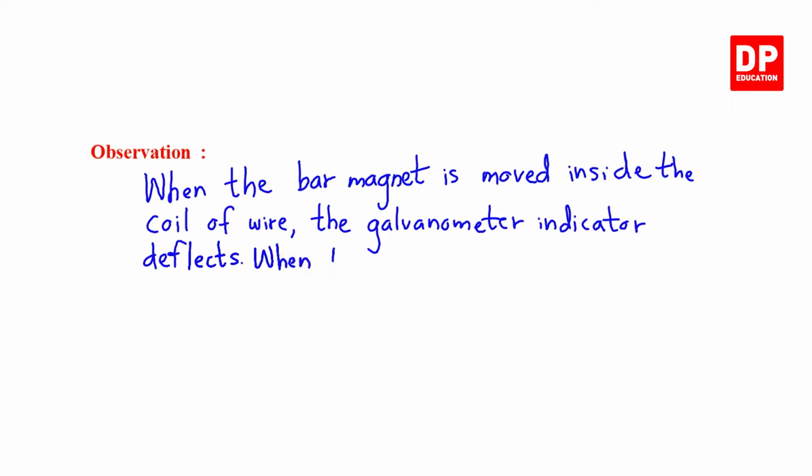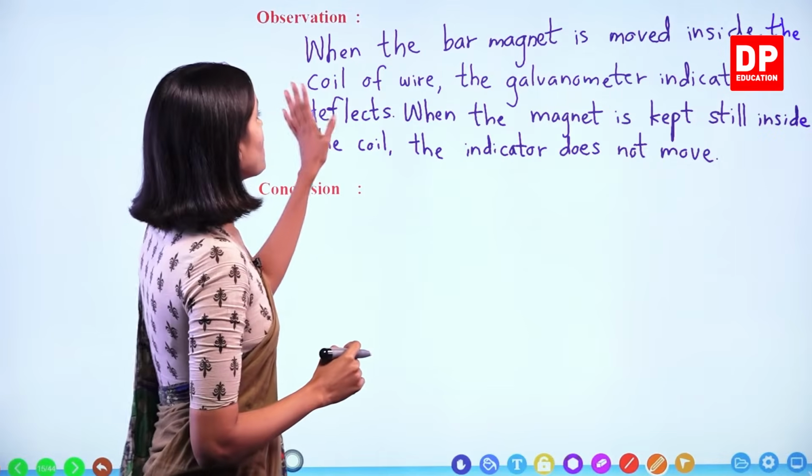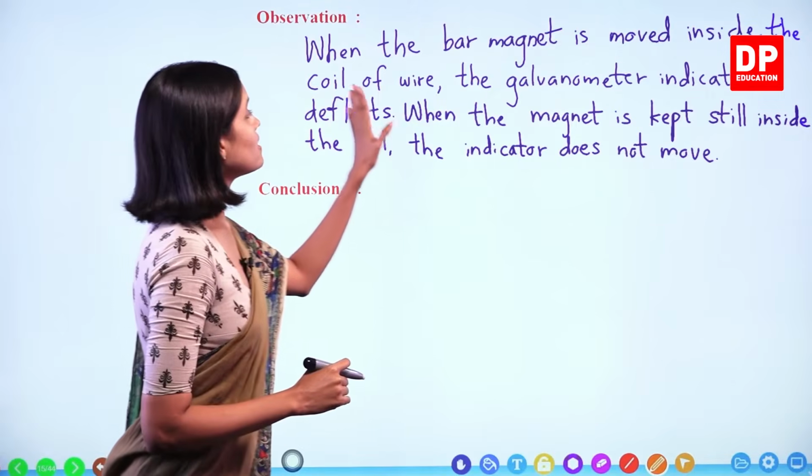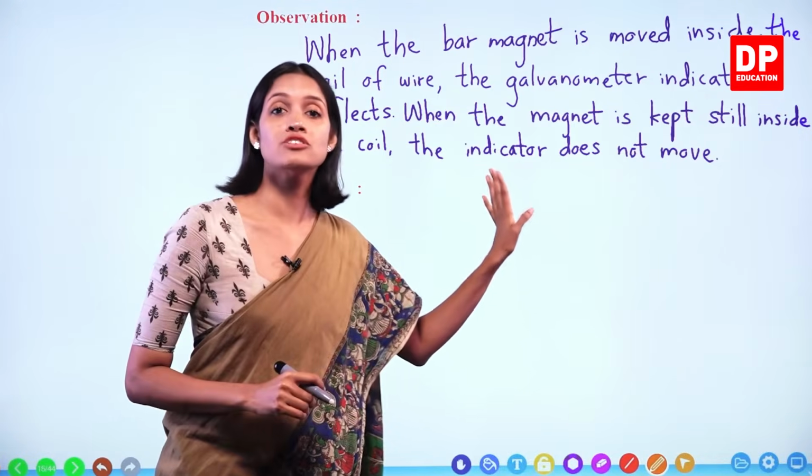When the magnet is kept still inside the coil, the indicator does not move.